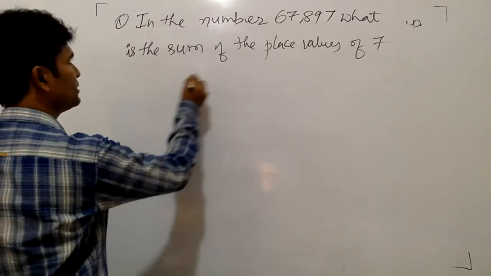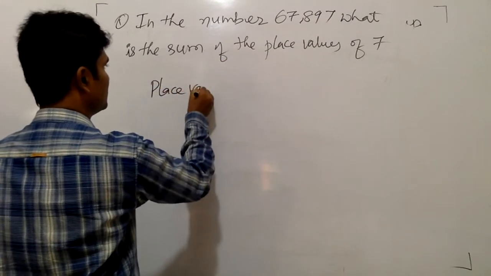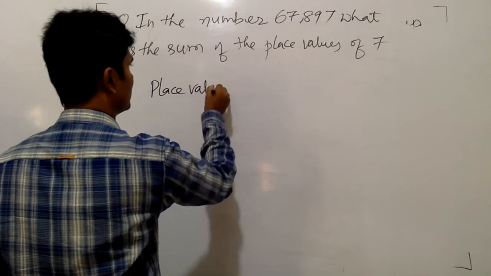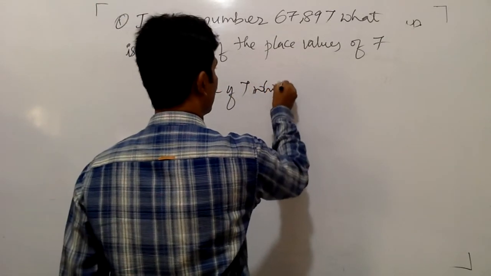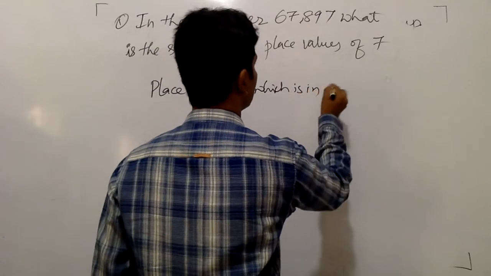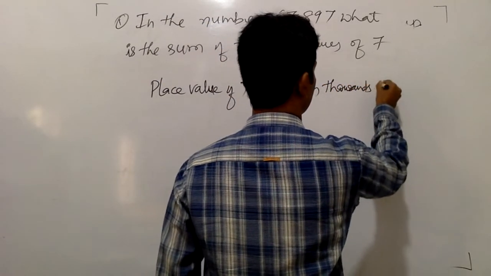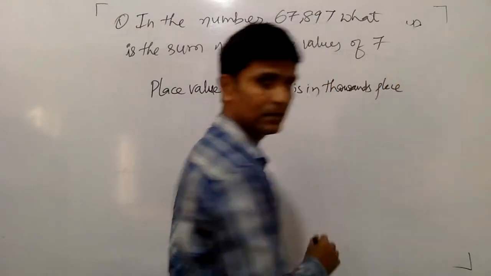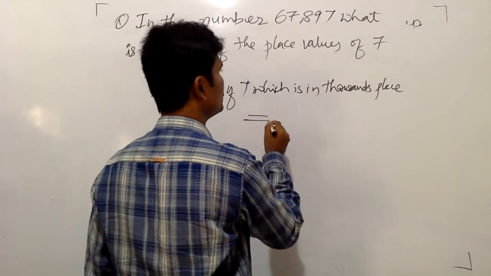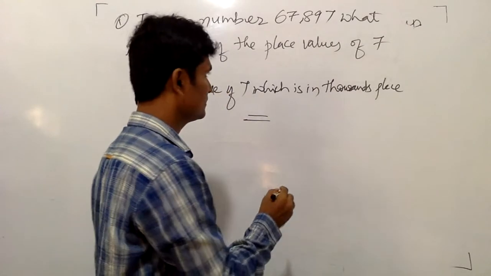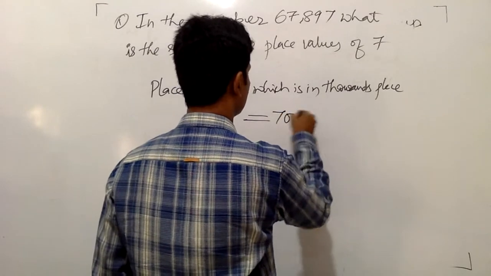Now, the place value of the first 7, which is in the thousands place, is equal to 7,000.